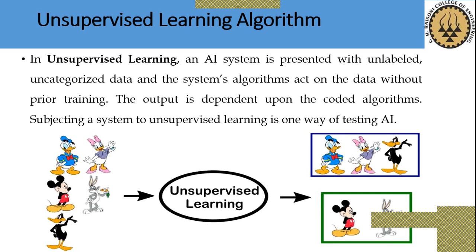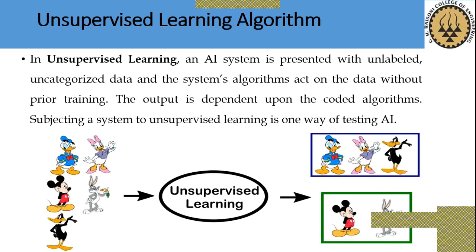For example, the size of the eye, the shape of the leg, body structure, and so on. So based on these similarities, the unsupervised machine learning algorithm has categorized the input data into two categories.